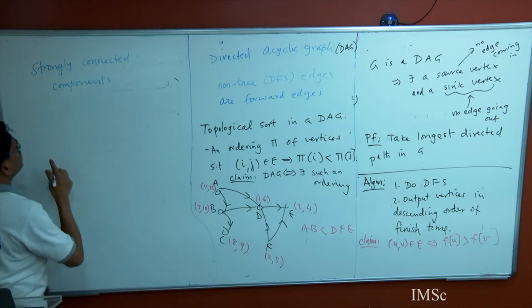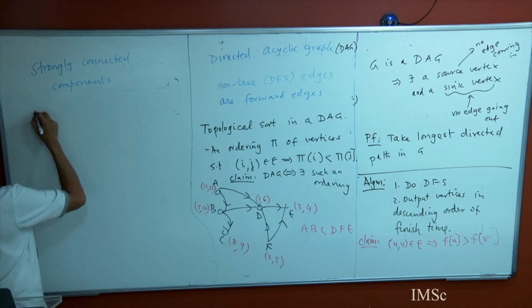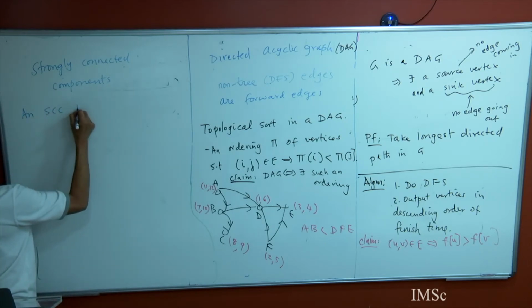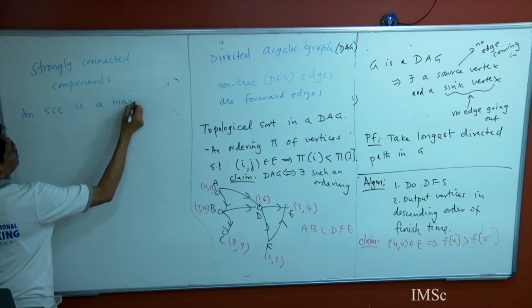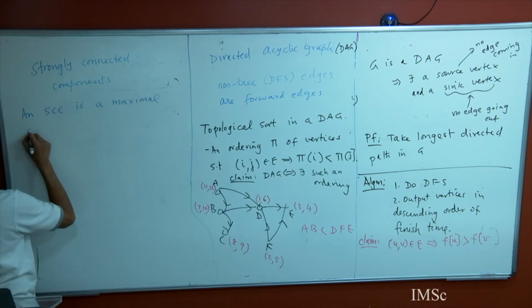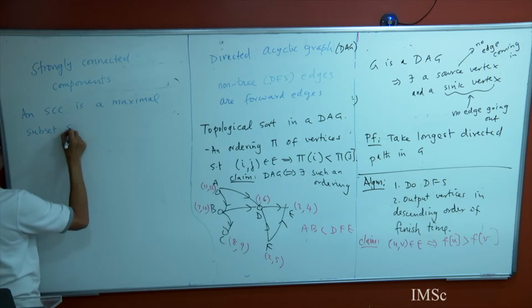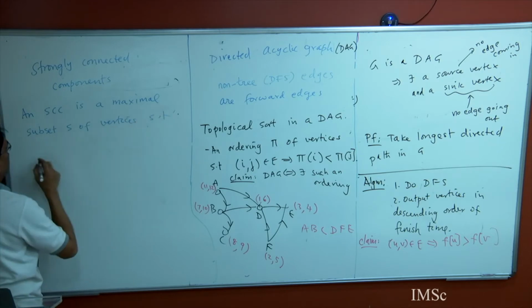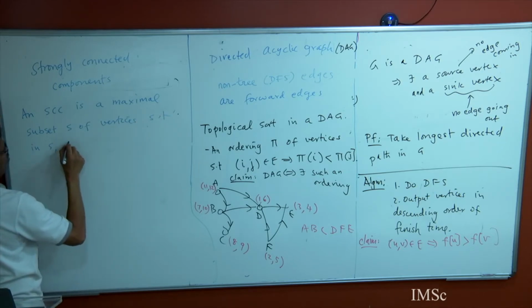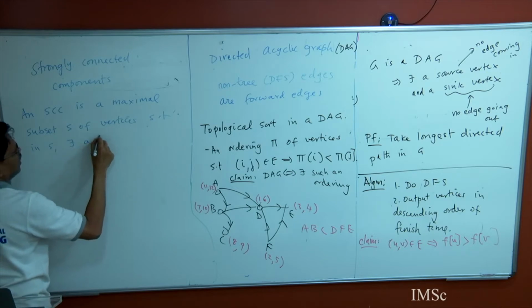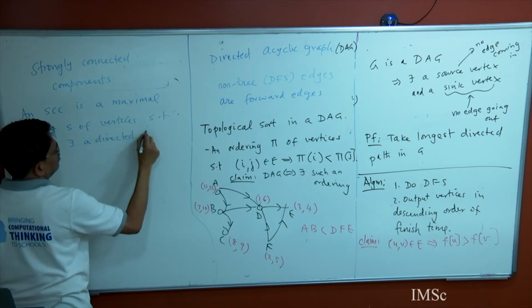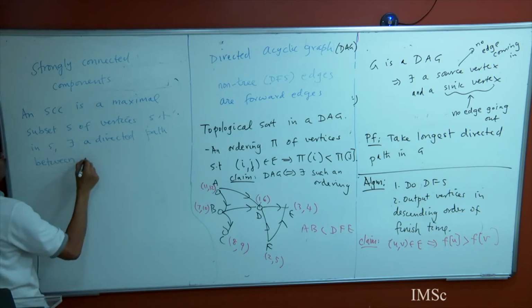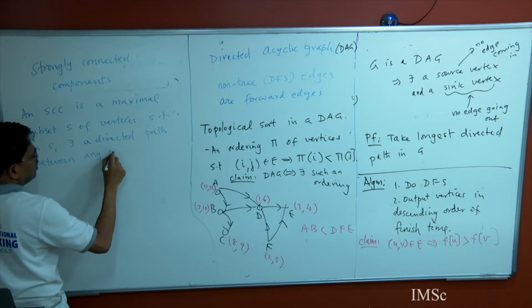So a strongly connected component, an SCC, is a maximal subset of vertices S such that in S there exists a directed path between any pair of vertices in both directions.